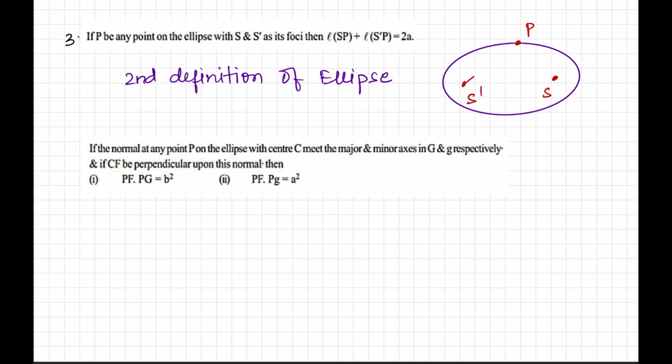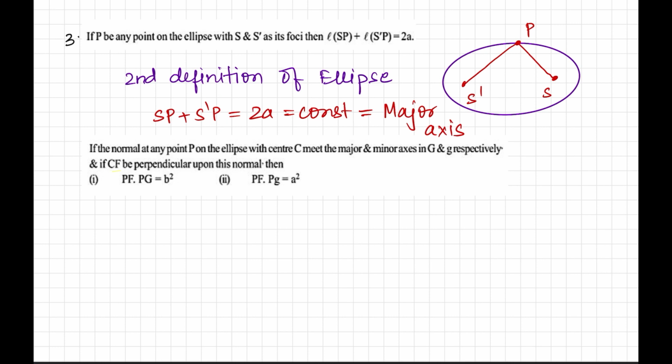So if we find out the length SP and S dash P and add them up, this is equal to the length of the major axis. So SP plus S dash P is equal to 2a, and that is a constant, and that is equal to the length of the major axis. So this is the property number 3.